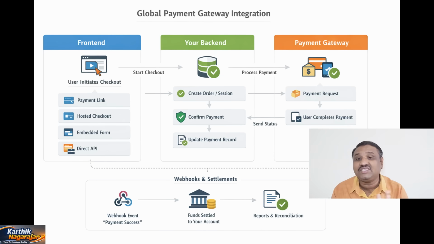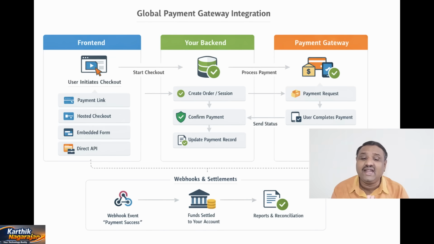Until the confirmation comes from the payment company, your system will not and should not assume the payment has been successful. Once the payment is confirmed by your server, your website unlocks access, confirms the order, or activates the service that the customer paid for.